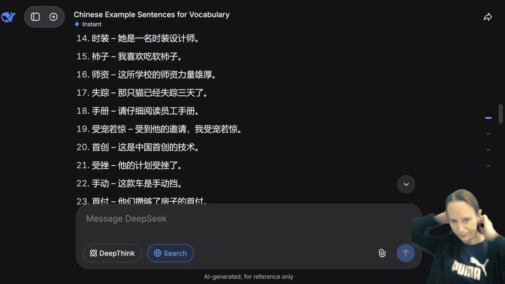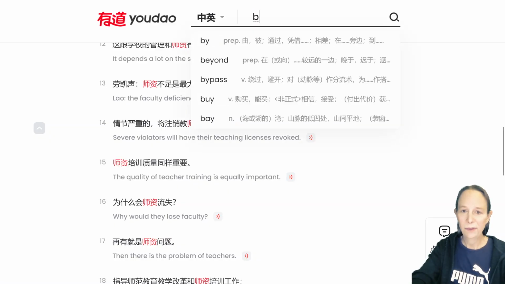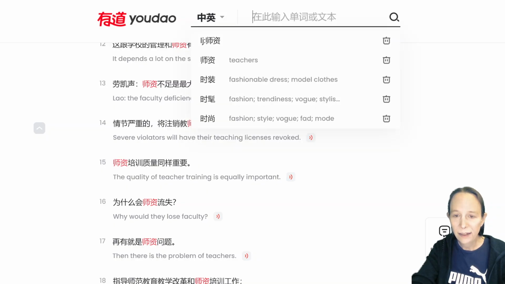All right. I don't think that's too bad. 失踪, is there anything else we need to say? Probably studied it already. 下落不明. That's in the dictionary. What does that mean?